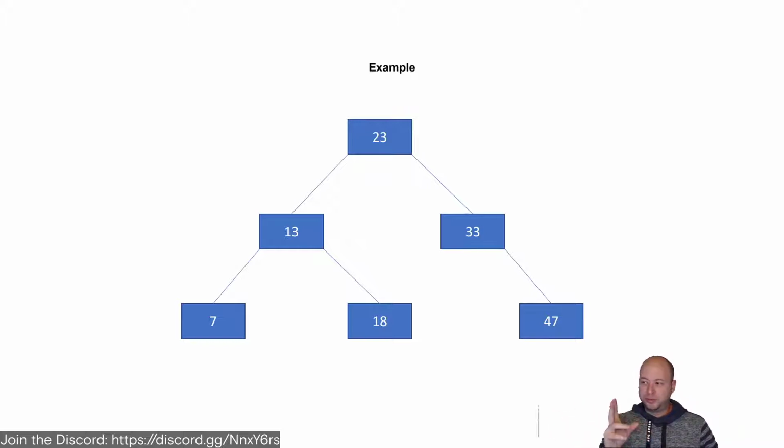And with breadth first, you'd go 23, 13, 33, 7, 18, 47.